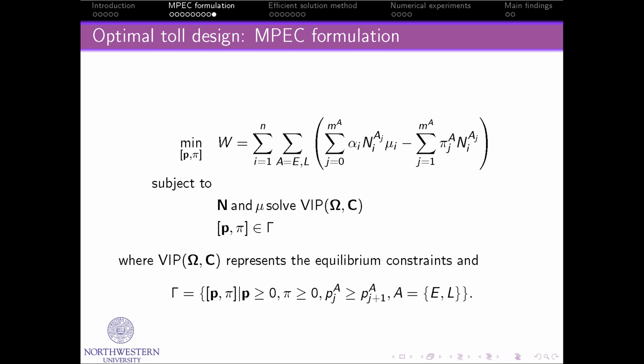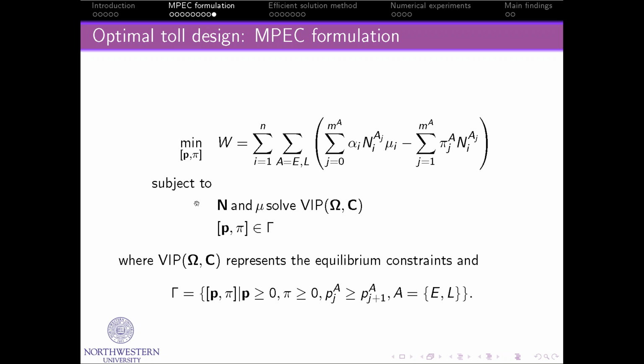So now it's straightforward for us to formulate the optimal toll design problem as a bi-level MPEC formulation. In the upper level, we try to minimize the total social cost, which is the total user costs minus the toll revenue, by changing the toll parameters.